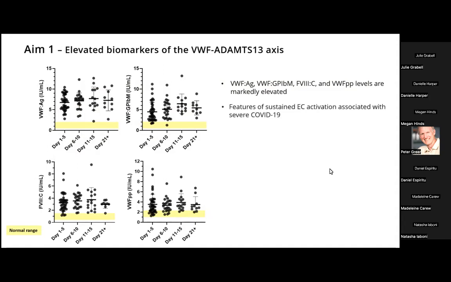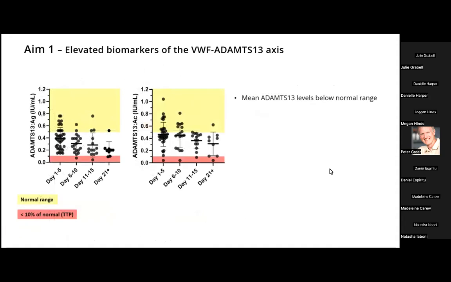These are clearly features of some sort of sustained endothelial cell activation that is very closely associated with severe COVID-19. We also looked at ADAMTS13 antigen and activity, and again, the highlighted range is normal. Mean ADAMTS13 levels were below the normal range, in line with other studies that find an ADAMTS13 activity level of around 30% in COVID-19 patients.